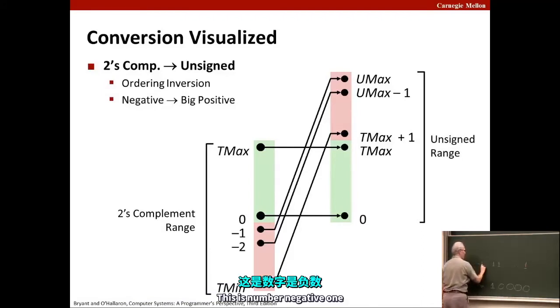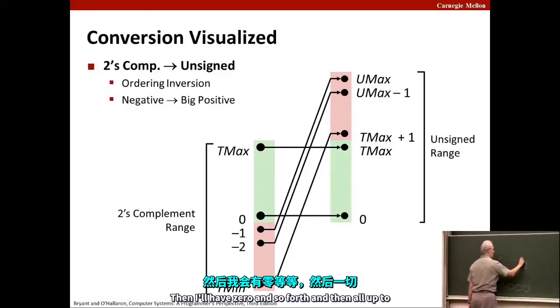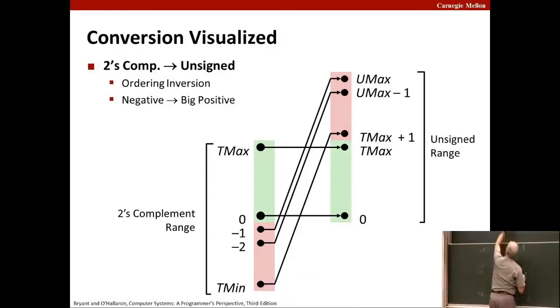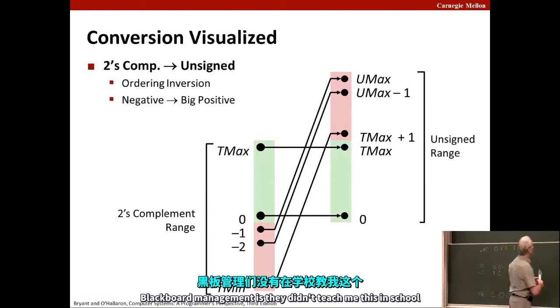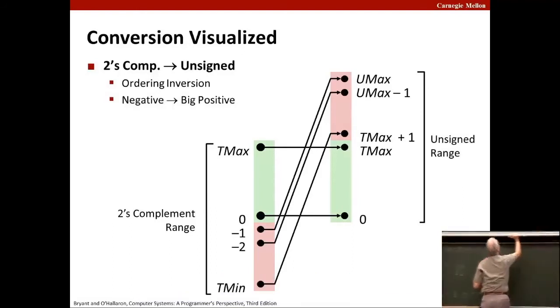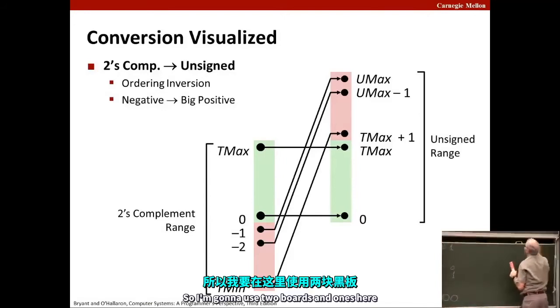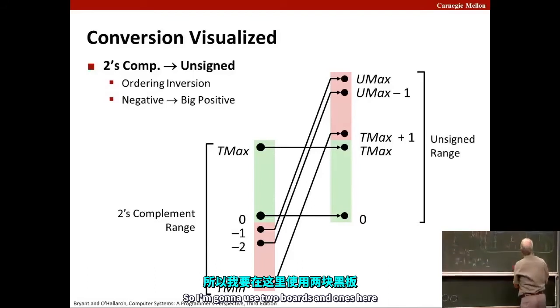This is the number -1. And then I'll have 0. And so forth. And then all up to, oops, gonna run out of room, plus 15, right? Just realized I got myself in trouble. Blackboard management, they didn't teach me this in school. So I'm gonna use 2 boards at once here.